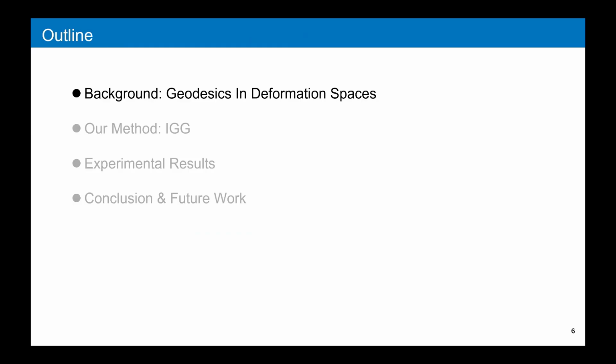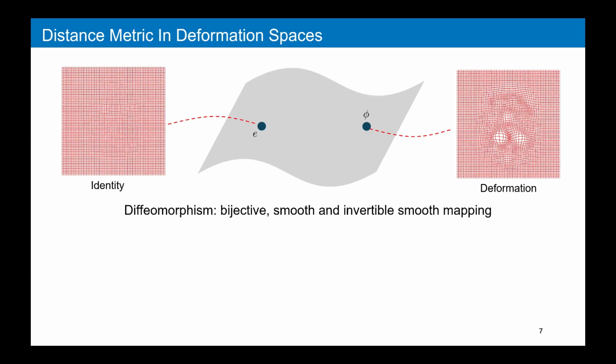Before I introduce our model, I would like to first review the basic concepts of geodesics in deformation spaces to make sure everybody is on the same page. So, in our context, we consider the deformation as a diffeomorphism, which is a bijective, smooth, invertible mapping between objects.